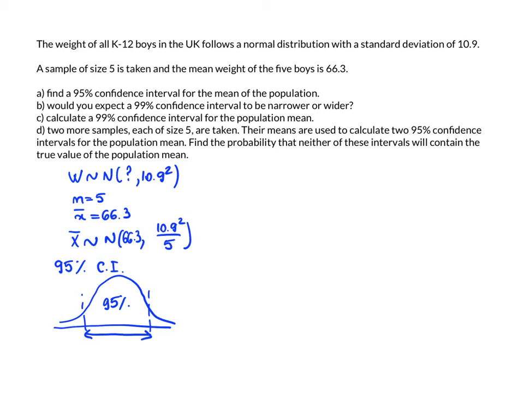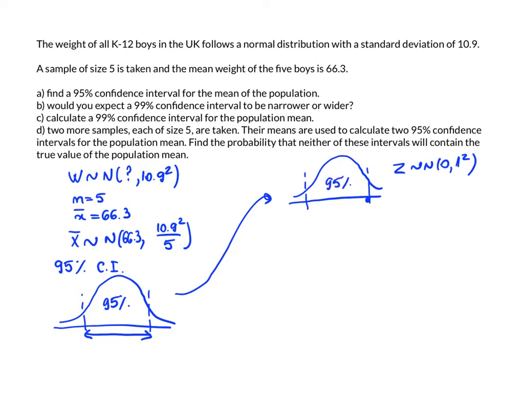One way to do it is to move on the standardized normal distribution. Z is N(0, 1 squared), and I'm looking for the z-scores here. Because it's a 95% confidence interval, I will need to look for a z-score corresponding to an area of 97.5%.